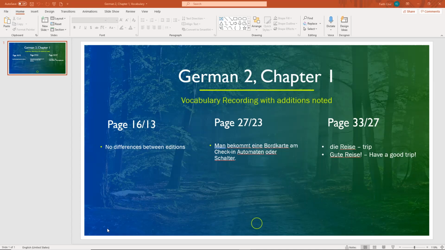Then tragen. Now look in the parentheses after tragen. You will see there are 3 words there. The first one is trägt. That tells you, oh yes, tragen is a stem changing verb. The A changes to a umlaut. The next one is trug. That's your simple past that we're going to be learning. And then getragen.